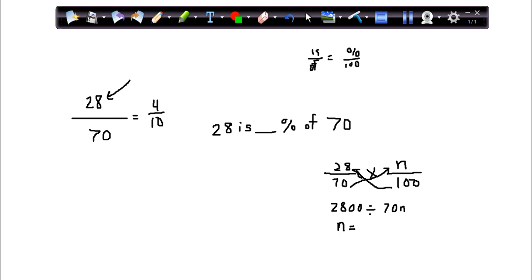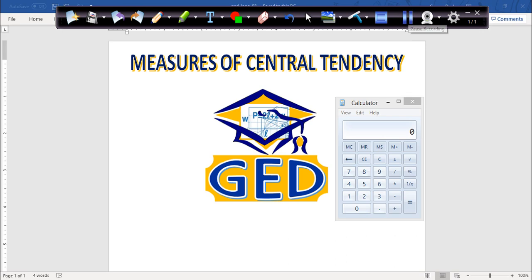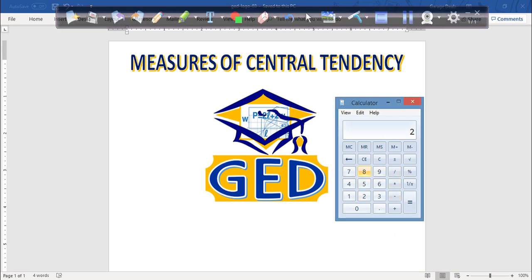So n equals what? Well, 2,800 divided by 70. So let's put that in the calculator. 2,800 divided by 70 equals 40.